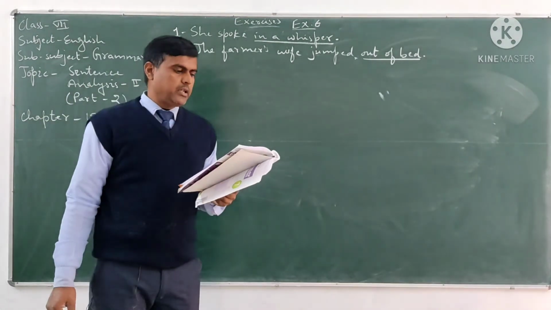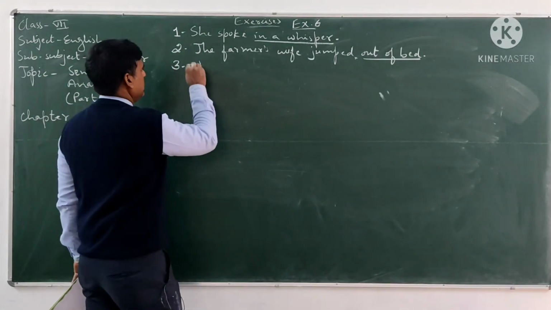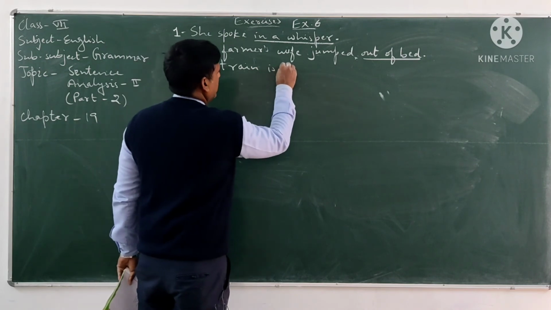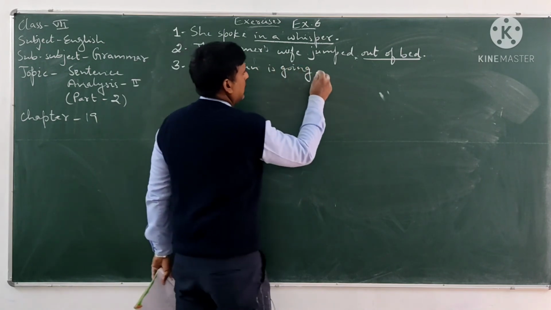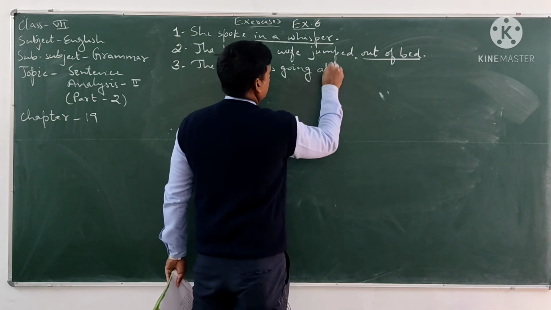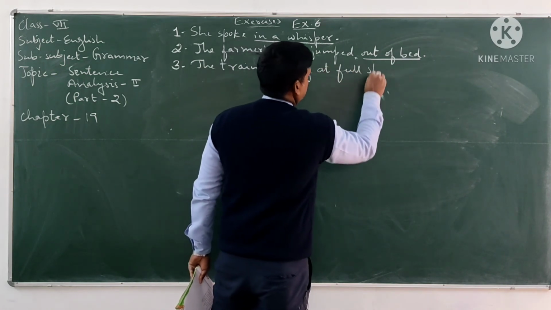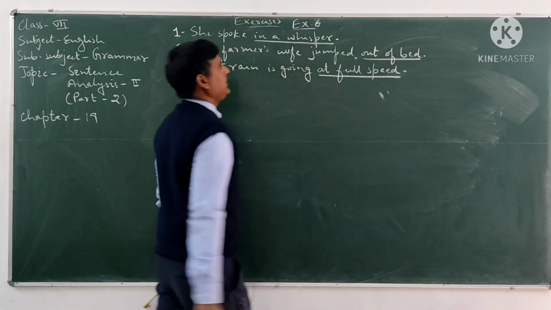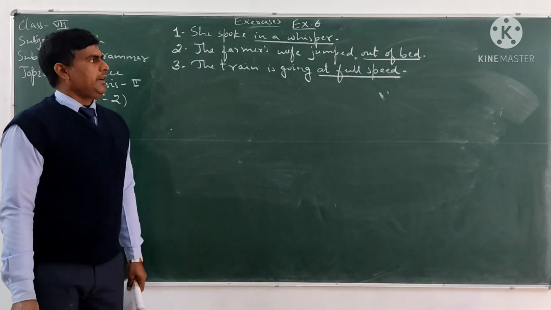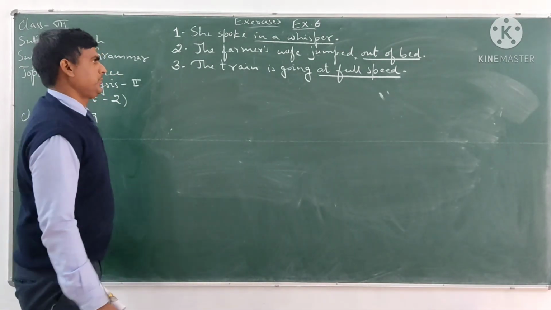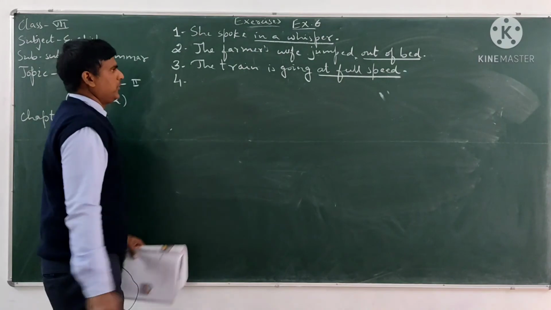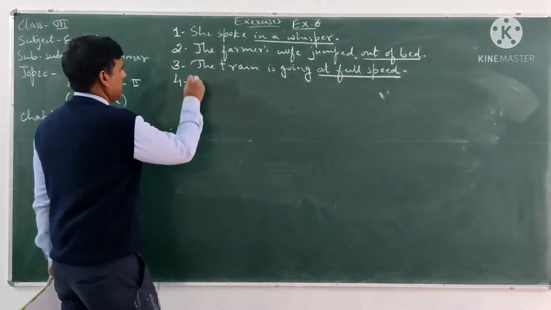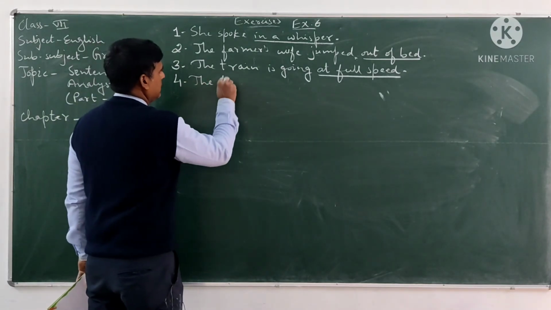Now see sentence number 3. Sentence number 3 is the train is going at full speed. In this sentence, at full speed is the extension of predicate. Now see sentence number 4. Sentence number 4 is the picture hangs on the wall.